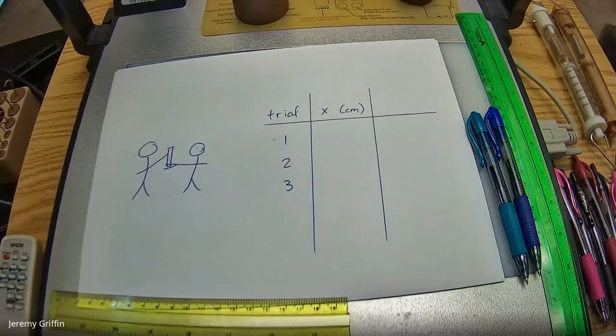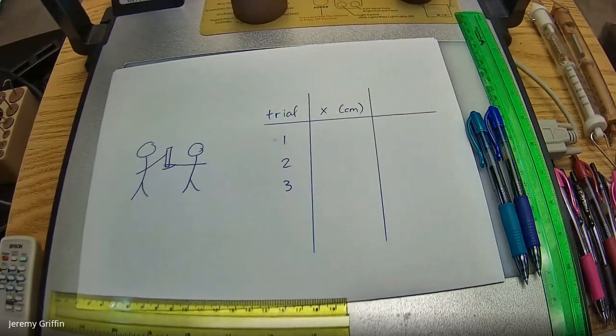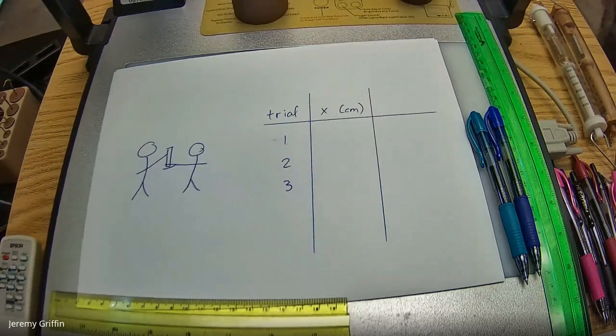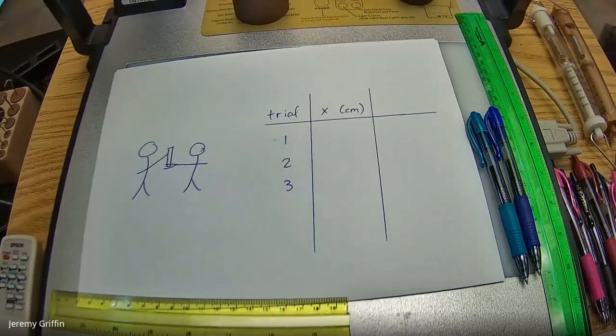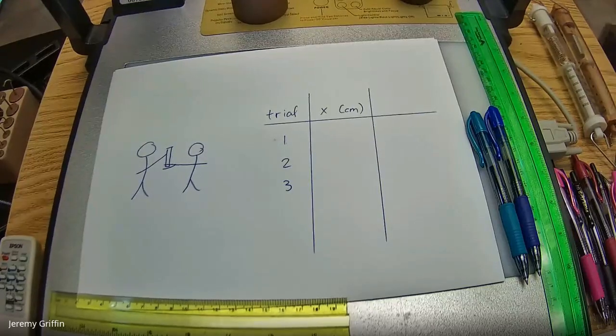Drop the ruler and then catch it as fast as you can.